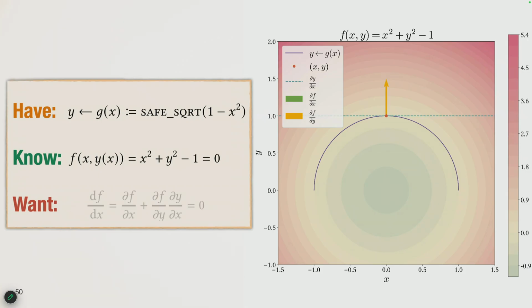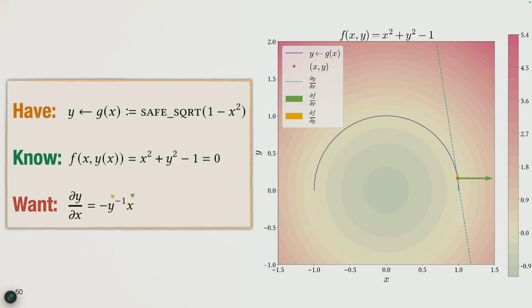Take the total derivative of this thing, plug in the values, and move things around to the other side. And now we have an expression for this gradient dy dx that is completely independent of the way we actually computed y. So it's completely independent of our g.